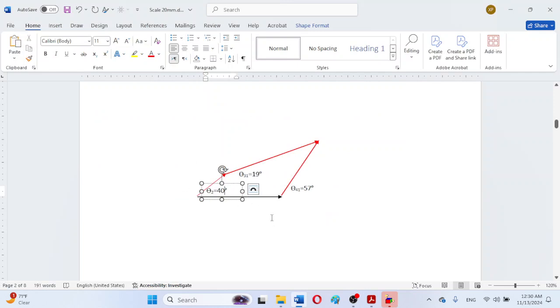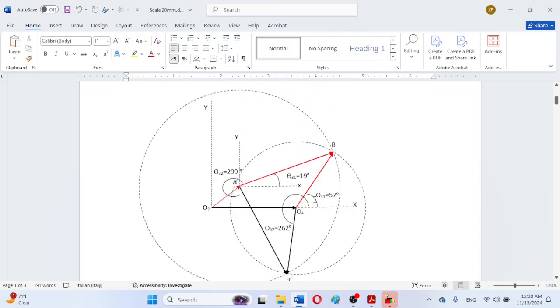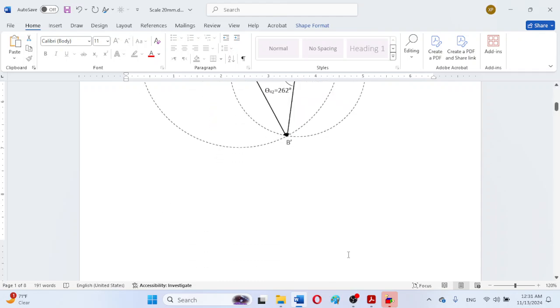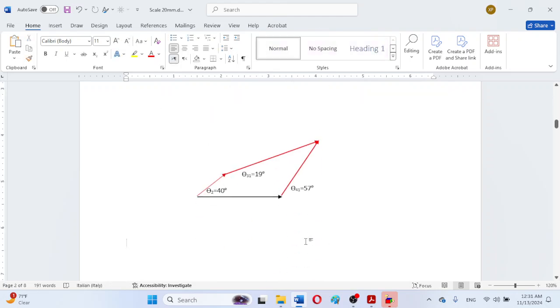So just copy these labels and paste them at a suitable location. These reference lines can also be copied in a similar manner. For example, in this way we copy these reference lines of angles, and we paste them on the next page here.